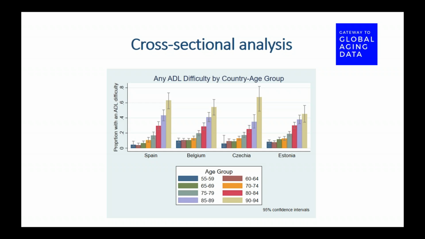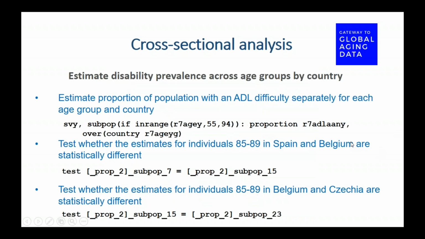And as I mentioned, we can test whether some of those are actually different from each other. So for instance, we can test whether the estimate for individuals 85 to 89 is different between those individuals in Spain and Belgium. And we can do that using a post-estimation test inside of Stata. You can run that just by using this code here, which you would say test. And again, we're looking at the estimate of people who have a disability.